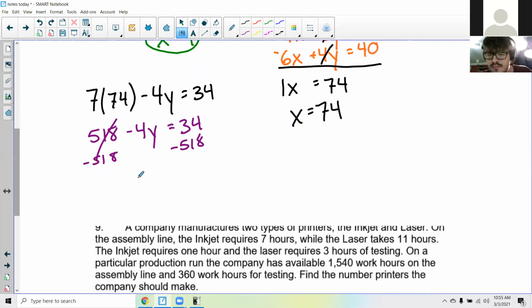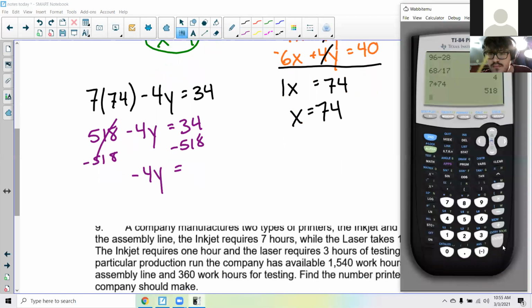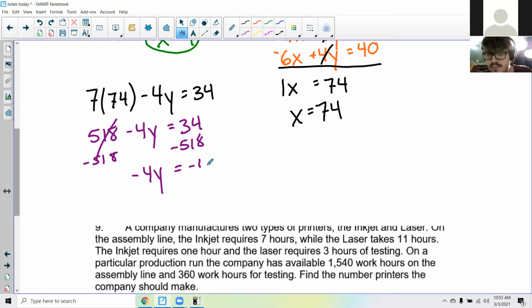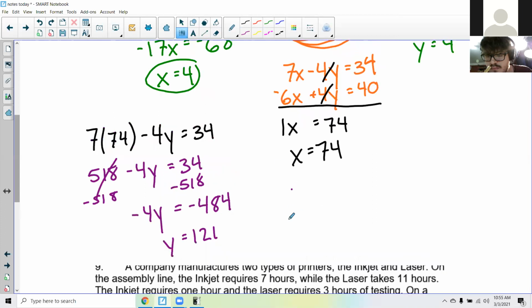And I'll get negative 4y equals 34 minus 518, negative 484. And then divide by -4, and you get y equals 121. So the solution to this system is going to be the coordinate 74, comma 121.